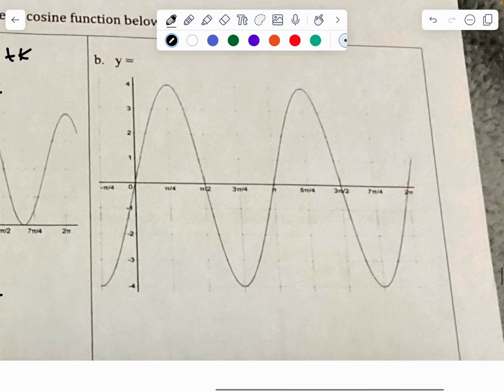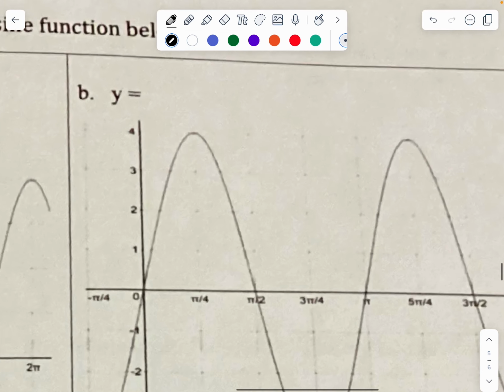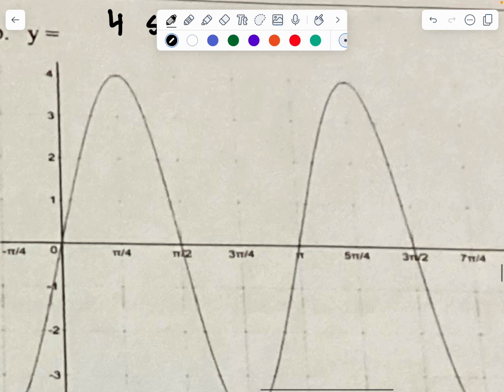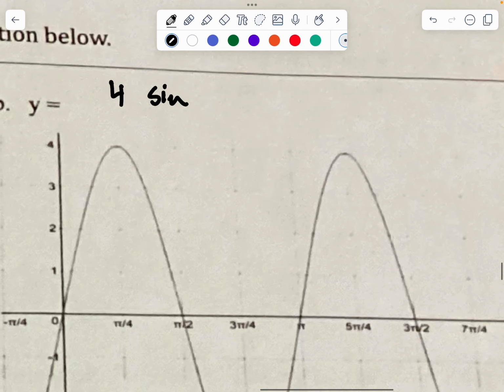Alright, I'll try to go a little faster now. A value is 4. Sine. Our period is pi, so it's 2 over pi. 2 over pi.